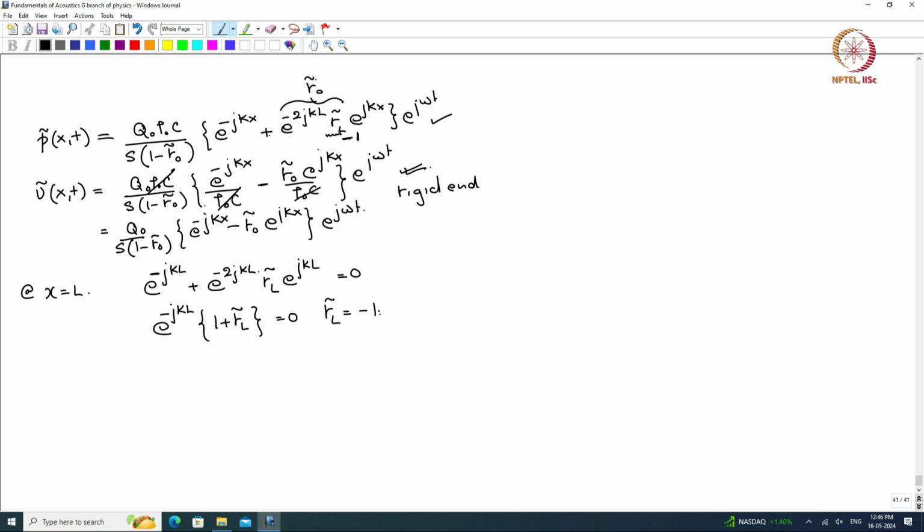This is not the rigid end, sorry, this is the pressure release condition. That means pressure is 0, P tilde at L comma t is 0.